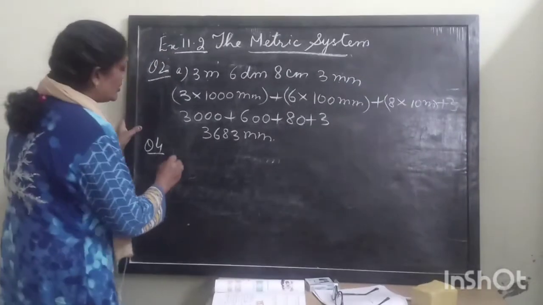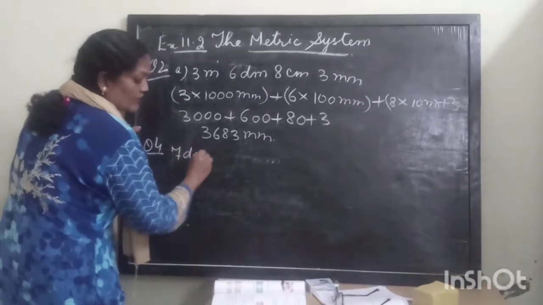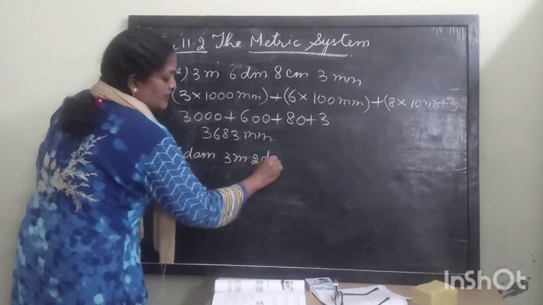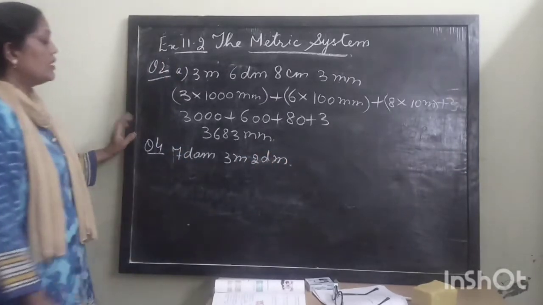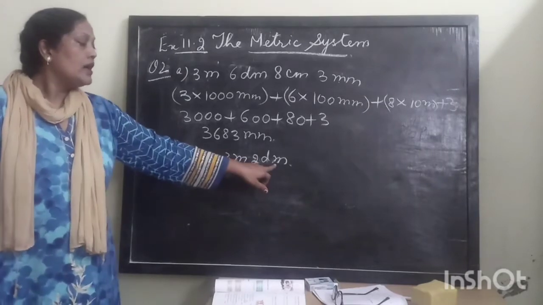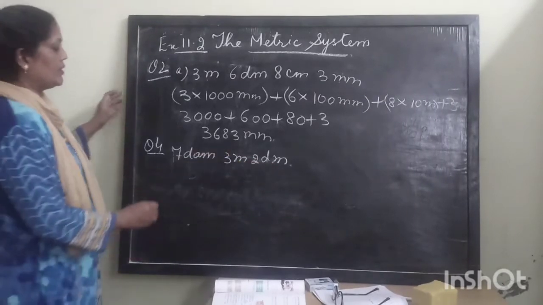Come to the fourth question. 7 decameter, then 3 meter, 2 decimeter. See here students, DAM is decameter. That is how many? 100 decimeter.